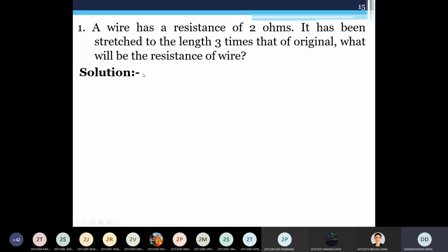So this example I give you for homework. In the next lecture we will calculate this example and I will give the answer. But before that, you find the answer of this example. In the next lecture, we will calculate a number of examples related to resistance and resistivity. So all of you please keep a notebook and pen as well as a calculator, so it is easy for you to calculate the examples.